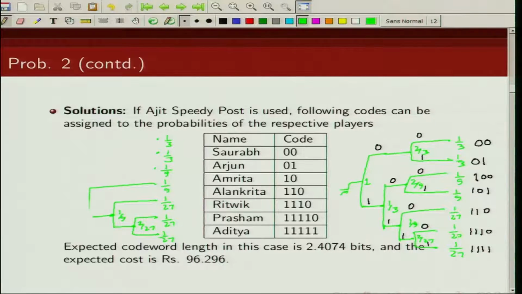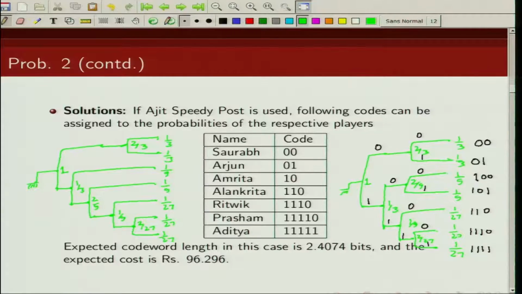I can combine these two nodes, get a new node with probability 2 by 9, and then I can combine these two, and I get a new node which has probability 1 by 3. I can combine these two nodes, get a new node with probability 2 by 3, and then I can combine these two, and get my root node with probability 1.